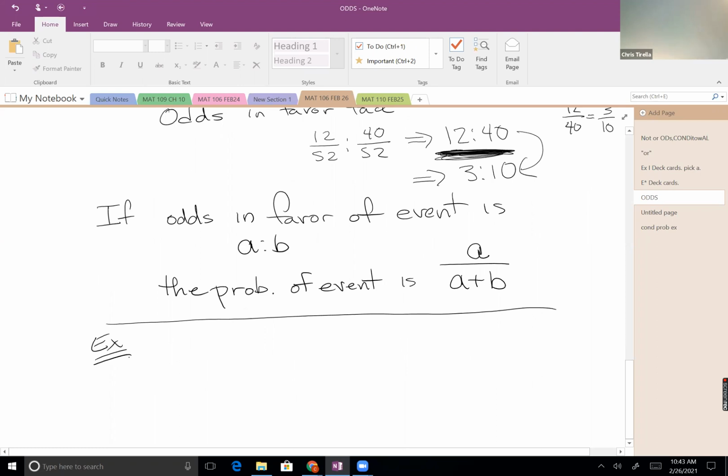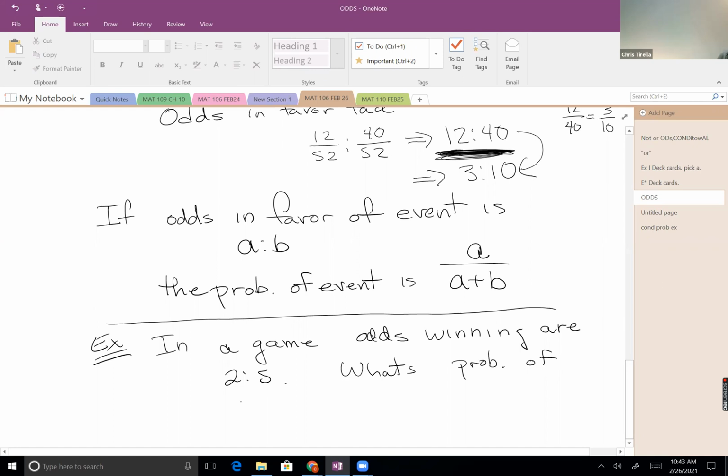So let's say, for example, in a game, the odds of winning are 2 to 5. What's the probability of winning?